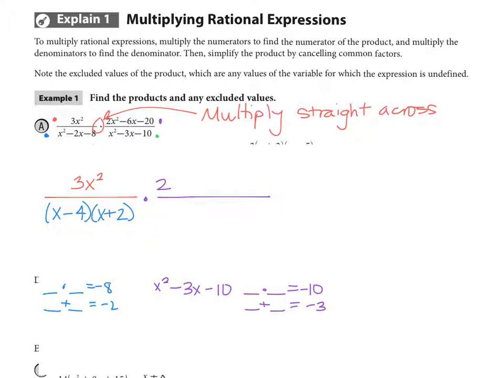Those two numbers are going to be negative 5 and positive 2. So x minus 5, x plus 2. And then at the very bottom, notice that the green equation is the same as my purple one was, except without the GCF. So I actually already know those numbers, x minus 5 and x plus 2.